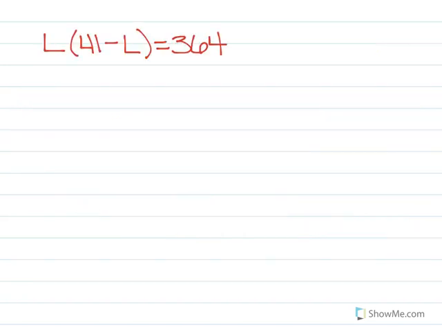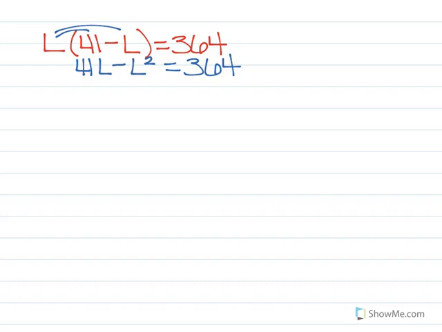Okay, to simplify this equation, let's distribute the L, and we'll end up with 41L minus L squared equals 364. Now, I always want my x squared term, in this case my L squared term, to be positive.